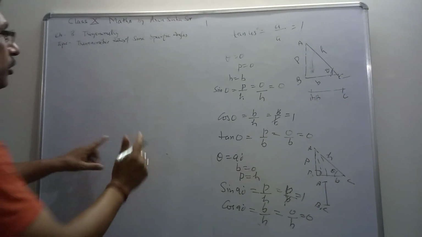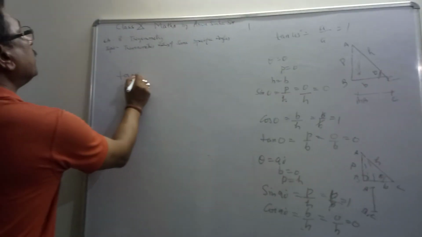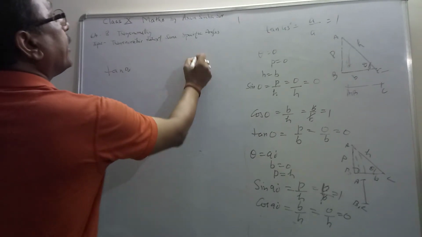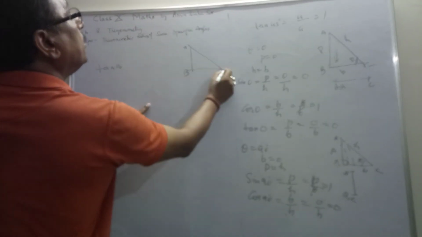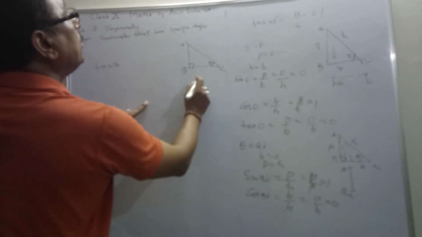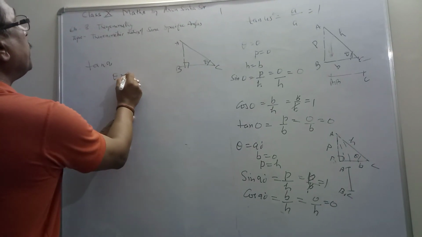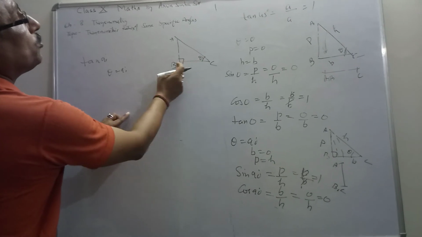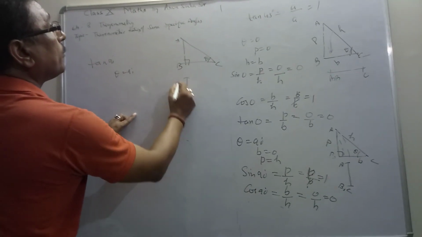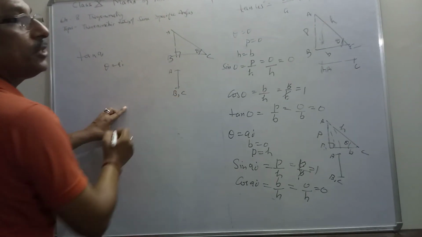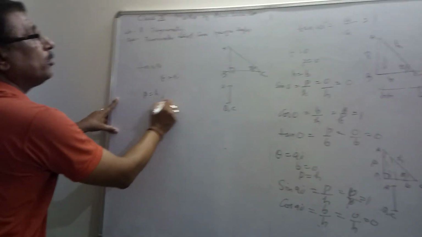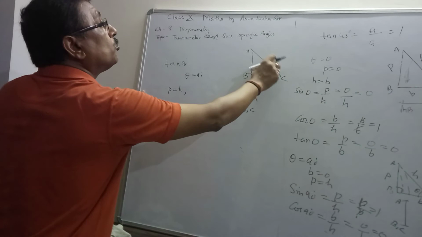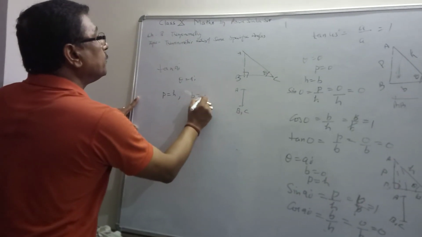So see this part again, children. Tan 90. This is an important topic. Again, this is a triangle A, B, C, 90. This angle is theta. When theta is 90 degrees, this side will shift to this one. So you will get this: A, this is your B as well as C. So the perpendicular becomes equal to the hypotenuse, these two lengths, and your base becomes 0.